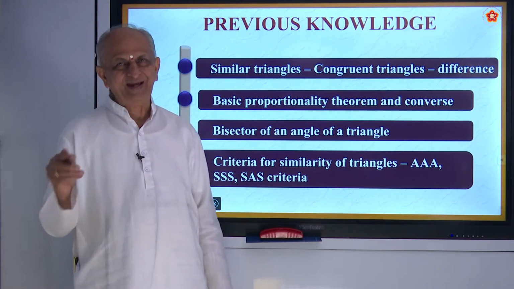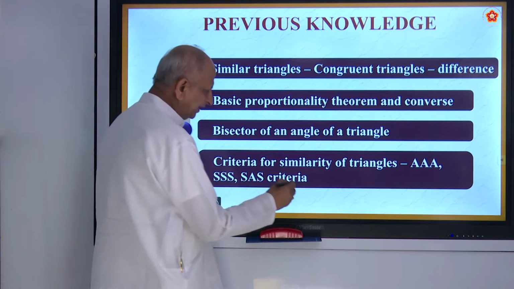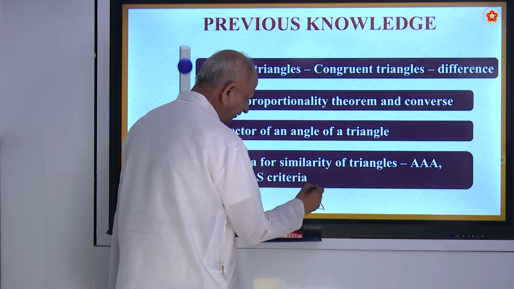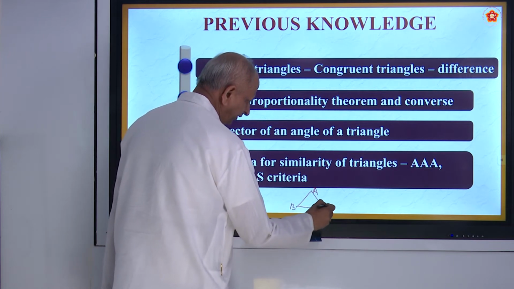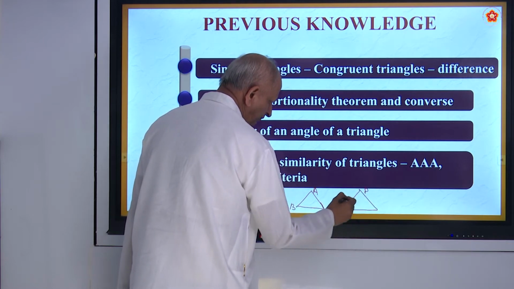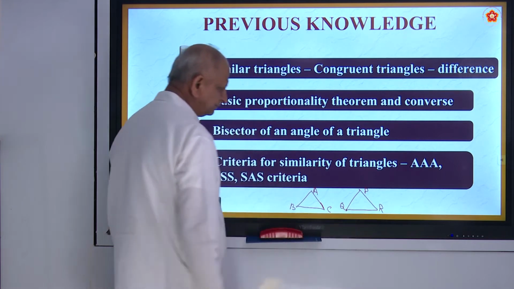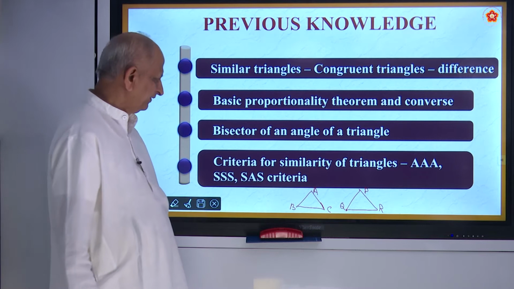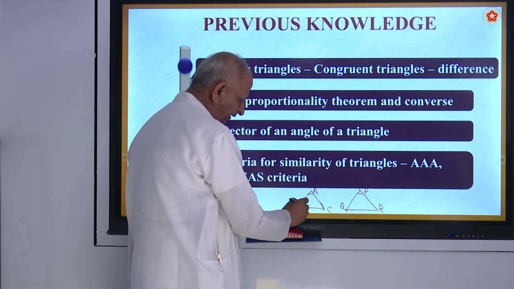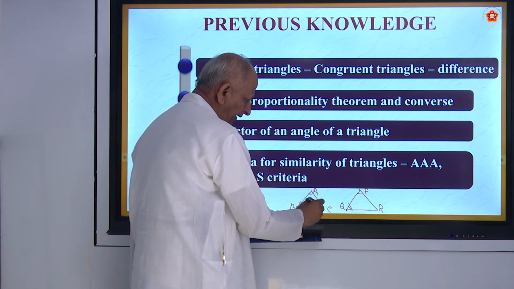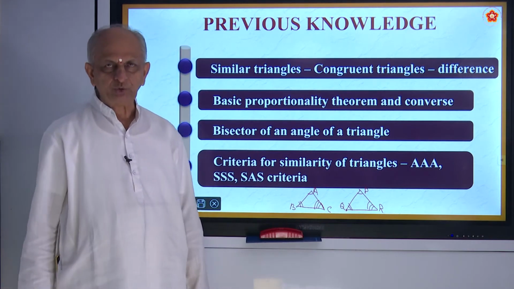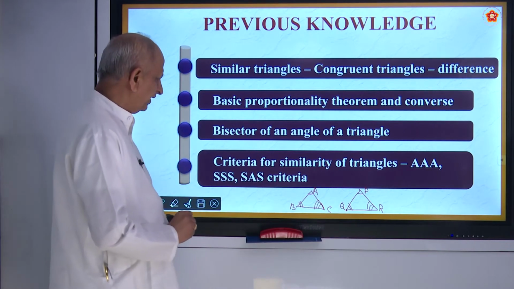A means angle. In two triangles, if the three angles of one triangle, suppose you call it ABC, and one more triangle called PQR or DEF, if angle A is equal to angle P, angle B is equal to angle Q, angle C is equal to angle R, then the two triangles are said to be similar.